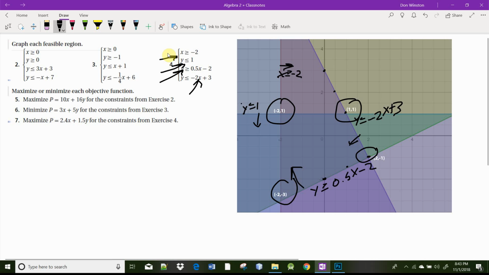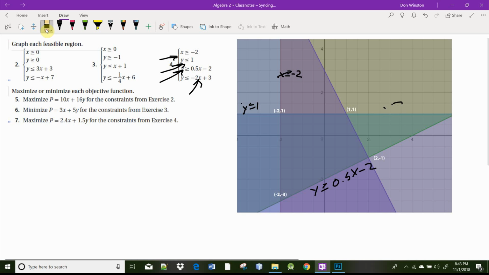Alright, so now, like before, we have to go ahead and find the vertices. So let me clear this up here, and I'll redo this here. And so we need our equations.